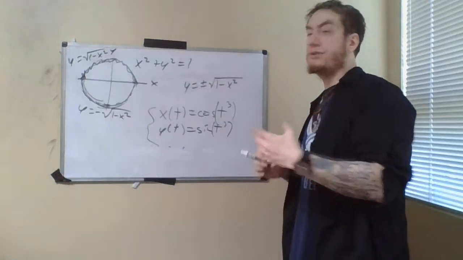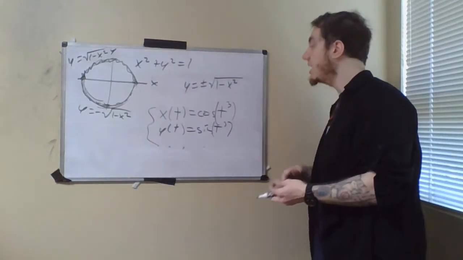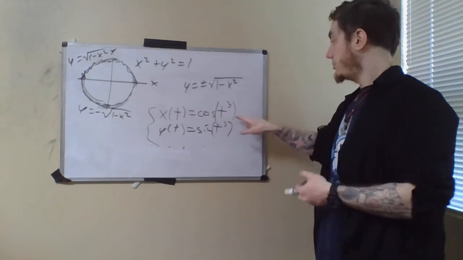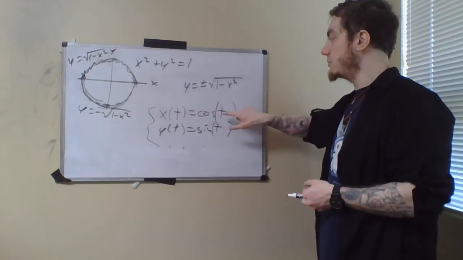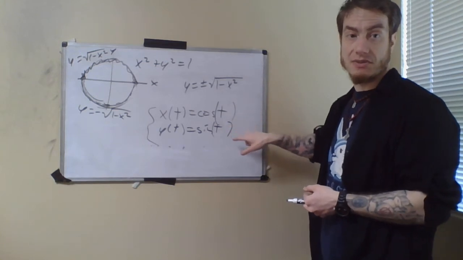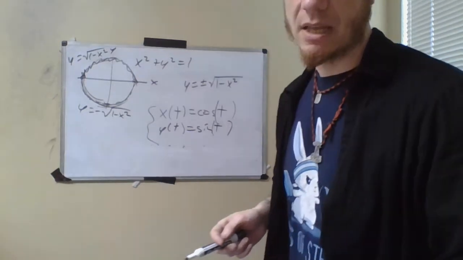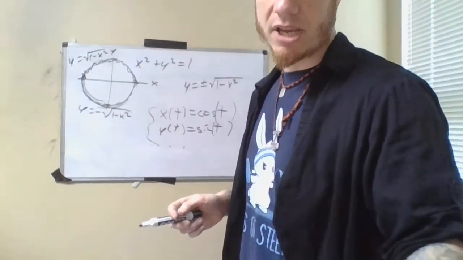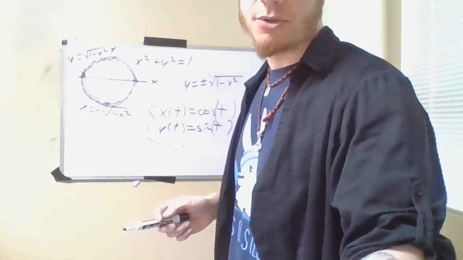And so sometimes one choice is really convenient and sometimes another choice is more convenient. Example, in this case, choosing t cubed is not very convenient. It's much more convenient to just choose cosine of t and sine of t than cosine t cubed and sine of t cubed. This is a much nicer thing. Okay, so there we go. We have got this thing figured out so far.